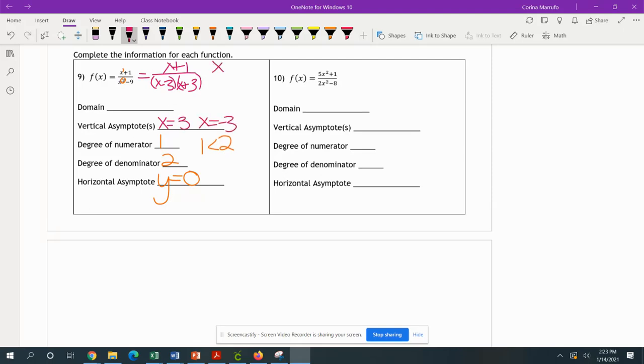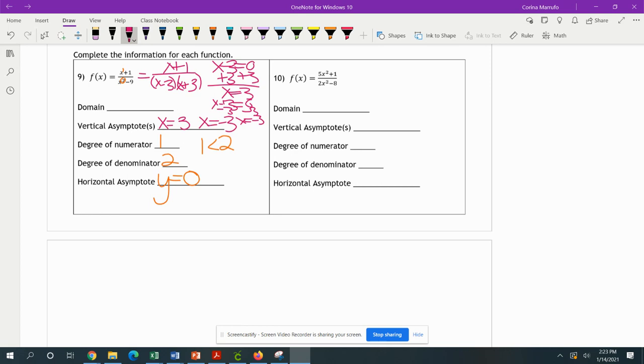How did I get that? Well, I set x minus 3 equal to 0, I added the 3, and that means x equals 3. I set the x plus 3 equal to 0, and we solve for x, and we get x equal to negative 3. So that's how I found those two vertical asymptotes.